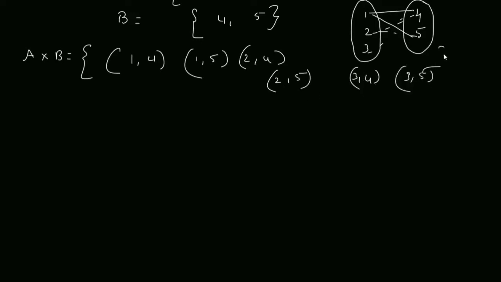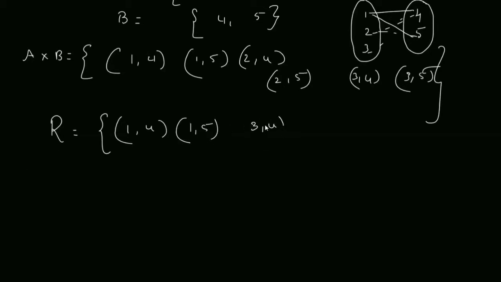This is your set A cross B. Now I'm going to define a relation here as all the elements where the first element is odd. So when I say the first element is odd, I will write (1, 4), (1, 5), then (3, 4), (3, 5). So this is a relation because R is a subset of A cross B.